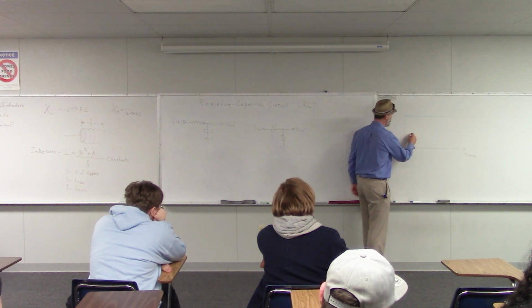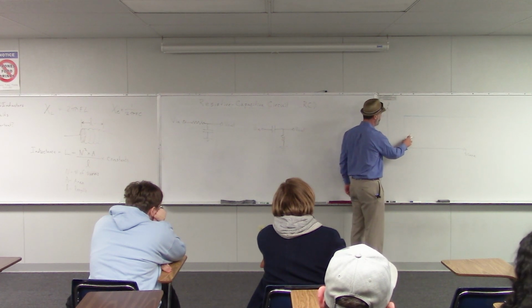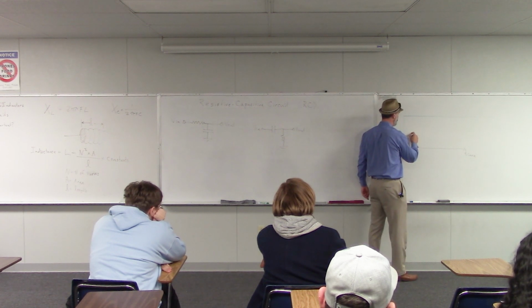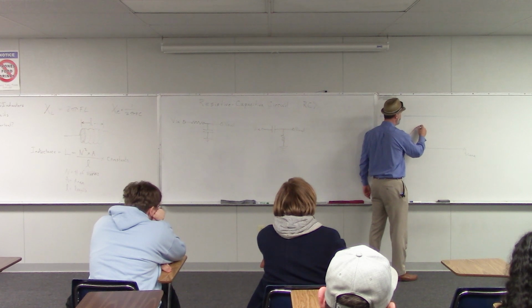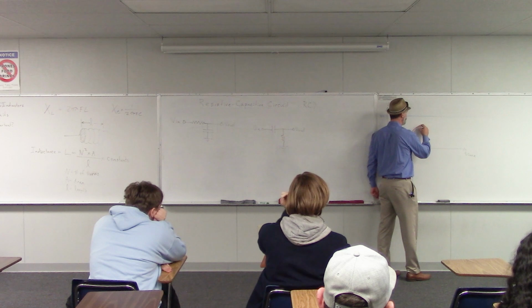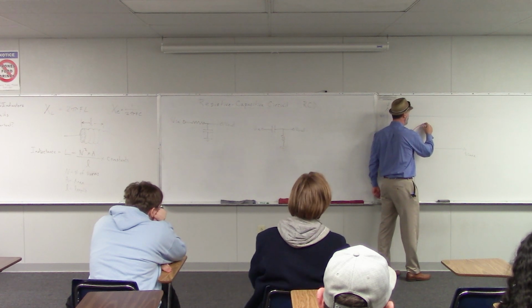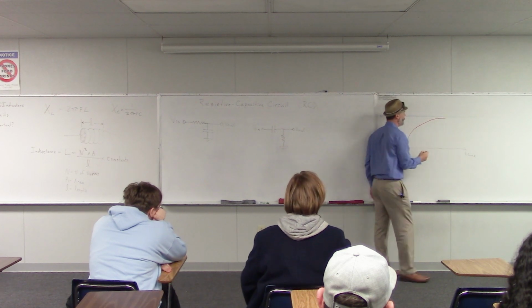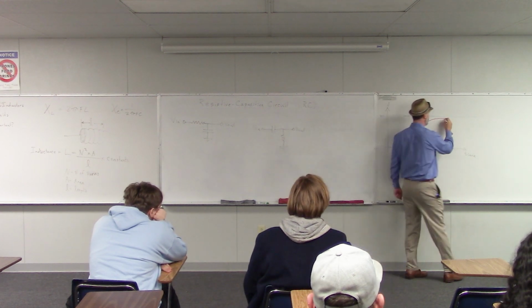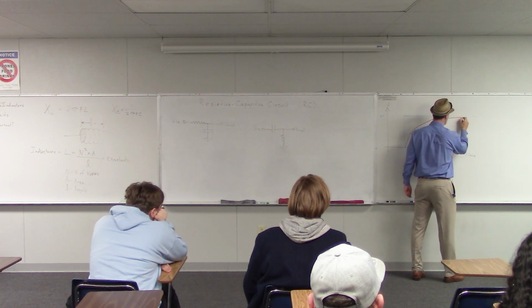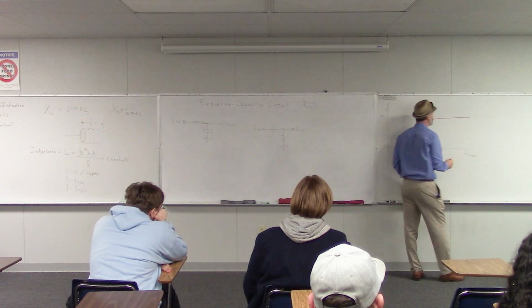But then as the capacitor voltage gets closer to the input voltage, the charging slows down. And the closer the capacitor voltage gets to that input voltage, the slower it charges. So it goes like this, and the capacitor voltage gets closer and closer to this input voltage, but it charges slower and slower.